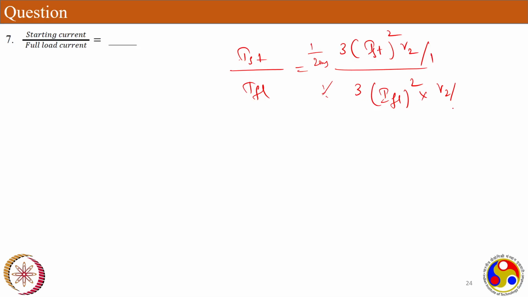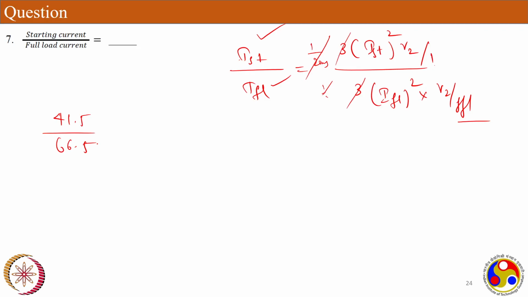Constants will get cancelled, and the 3 will get cancelled, and you know the starting torque and also the full load torque. Starting torque is 41.5 we got, and full load torque 66.5 we got, equals I_ST whole square divided by I_FL whole square multiplied by R2 will get cancelled, and your full load slip, which we calculated as around 0.0429.